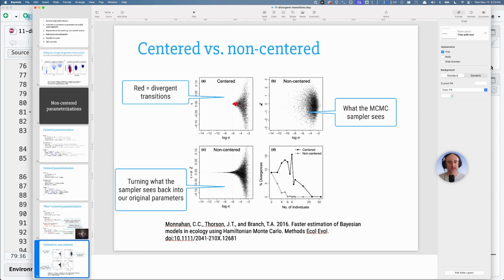And because our eta, here z, is a standard normal variable, it's not correlated with log sigma. So we've broken that funnel shape. And the sampler sees this nice cloud of points. It has no problem sampling from this. And internally, eta gets transformed back to theta so that the actual thing that we're modeling still has this funnel, but we can get way down here into the tail of the funnel because we have sampled from it like this.